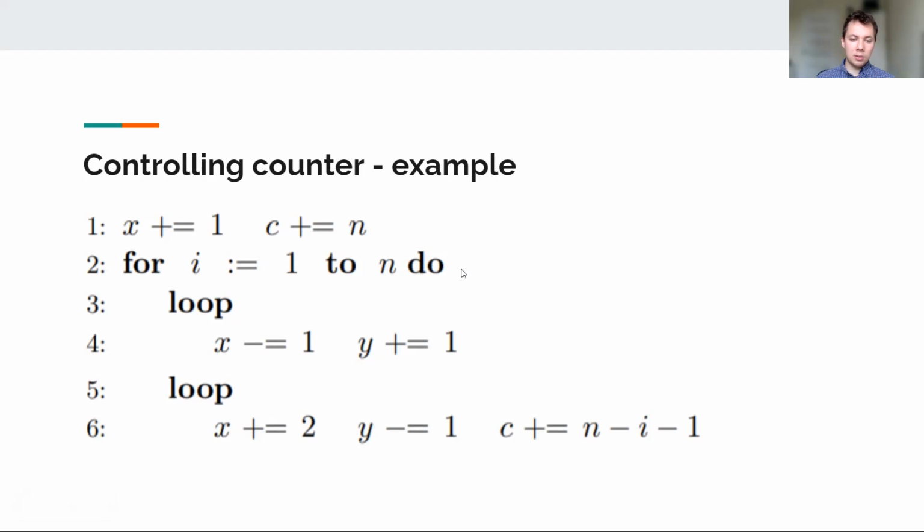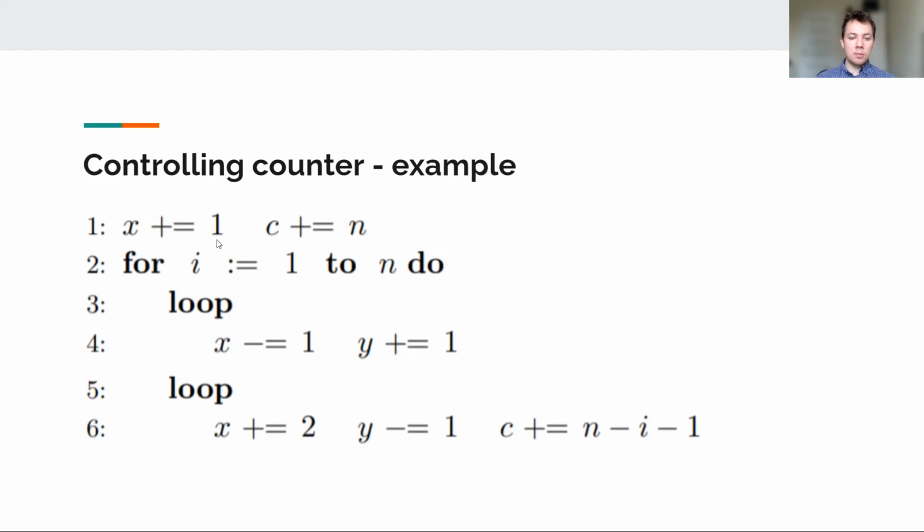This is only a macro. Actually, this program consists of many copy pastes of the fragment from lines 3 to 6. And so we want to perform n tests on x and n tests on y.